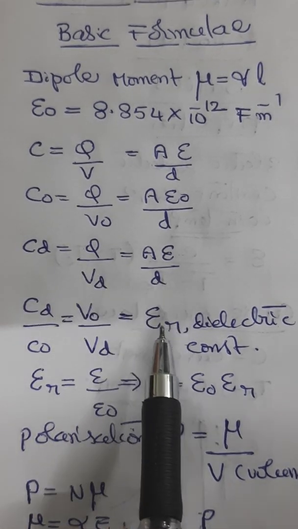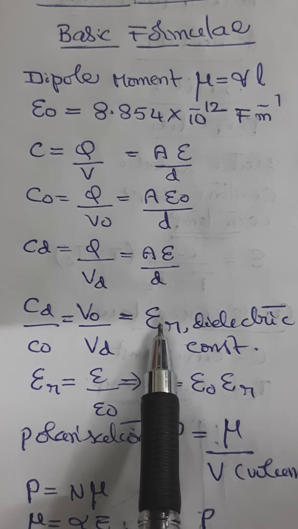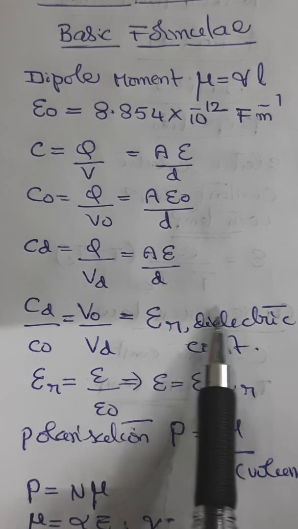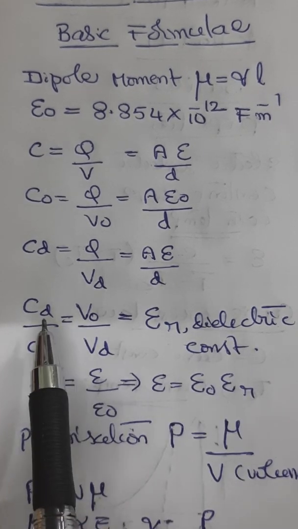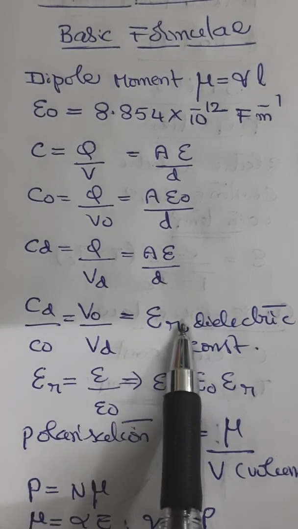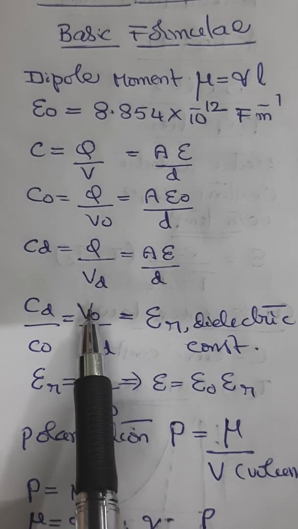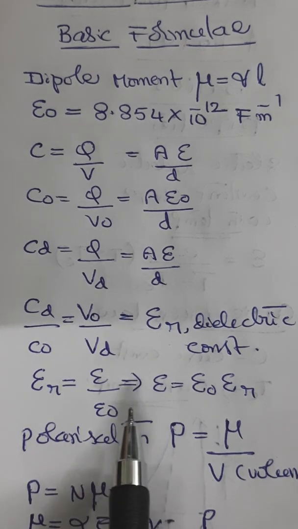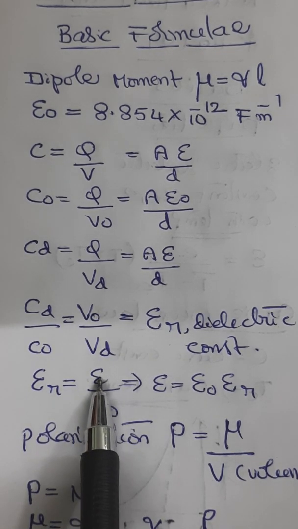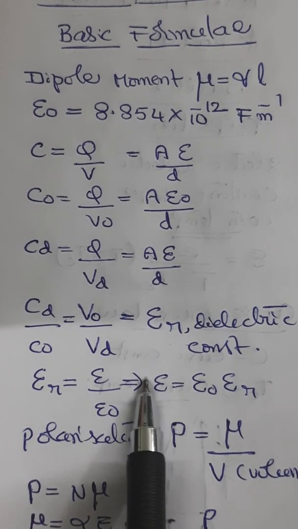And also finding the value of relative permittivity, which is called the dielectric constant, as a ratio. From this, in terms of potential differences, in terms of permittivity differences, you can calculate this value.